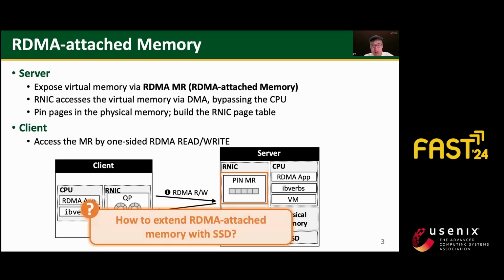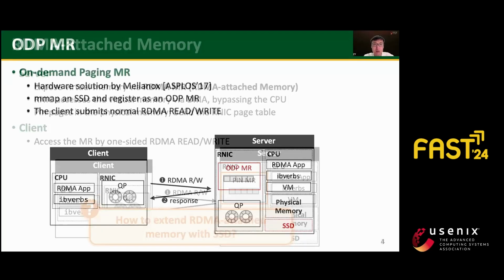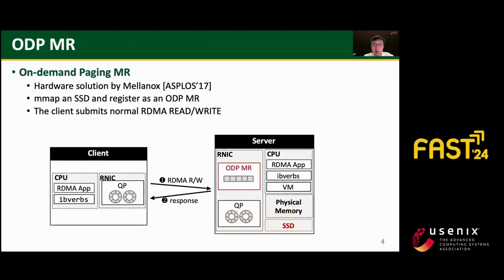As memory is expensive and limited in a computer system, we explore how to extend RDMA-attached memory with SSD. We show an existing hardware solution, ODP-MR, on-demand paging MR. It is proposed by a famous RNIC manufacturer, Mellanox.